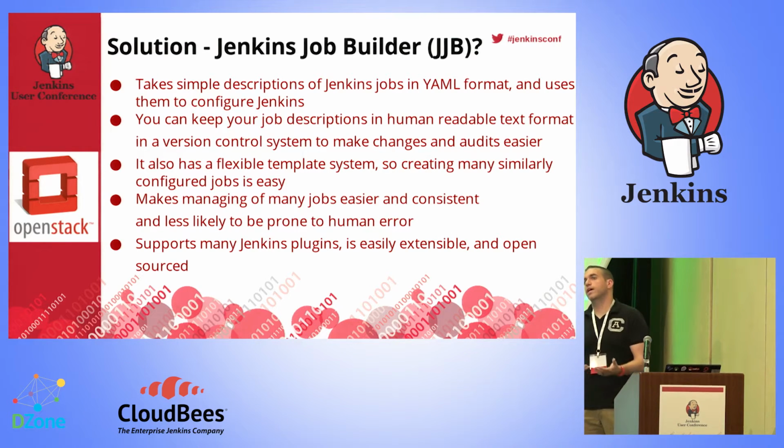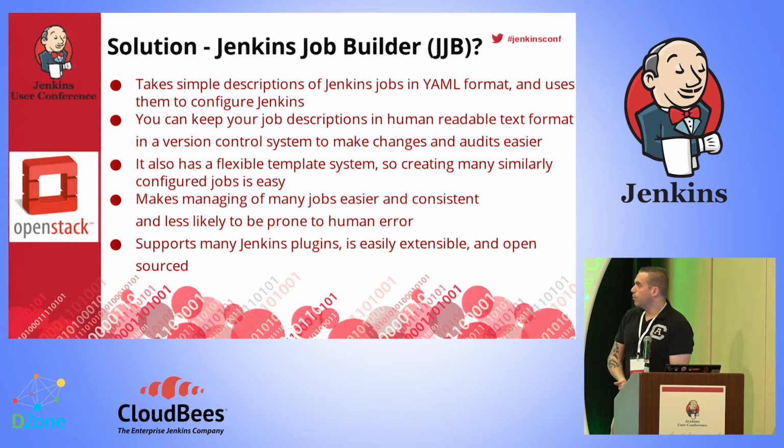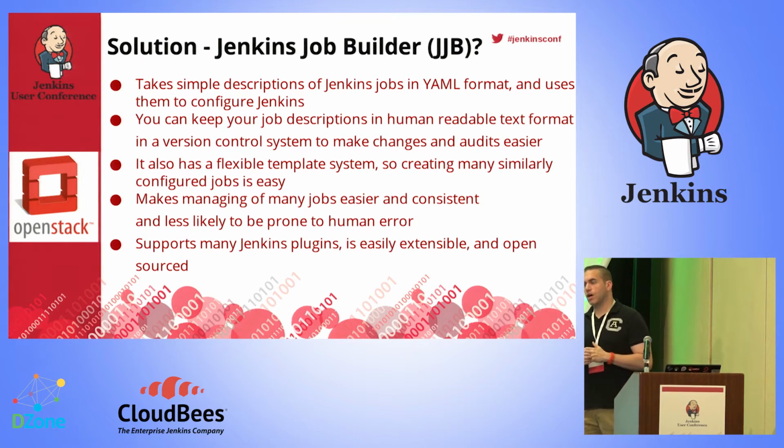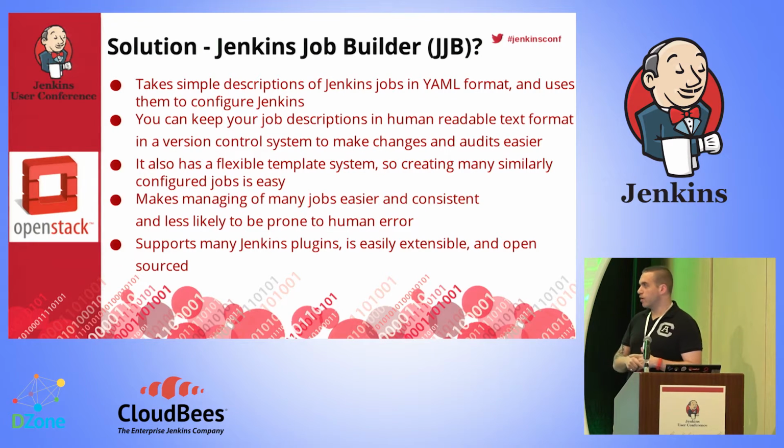You can review your Jenkins jobs that way too. It's a more consistent way and less prone to human error. It supports a huge amount of plugins. It does not currently support the workflow plugin. I'm sure it will at some point, but there is vast support for a lot of the plugins that people use.